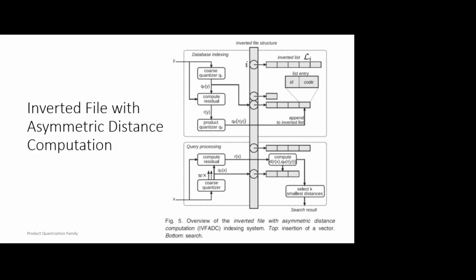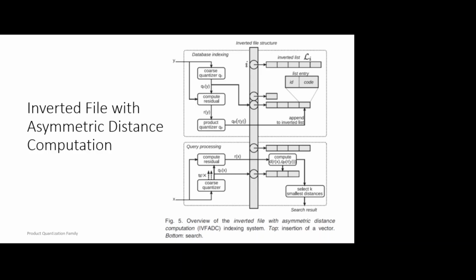First, the upper part is how to build up your database. So for the upper part, we build up the database, given the database vector Y. We first use a coarse quantizer. A coarse quantizer, you can treat like a first level k-means.